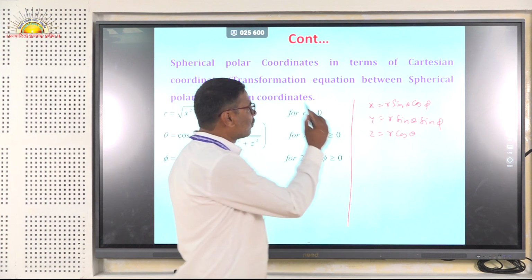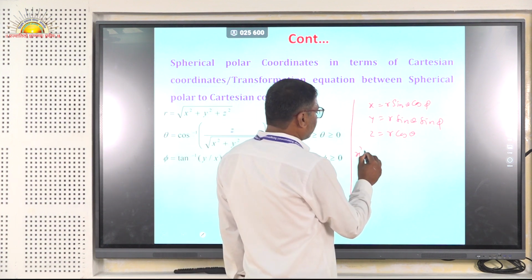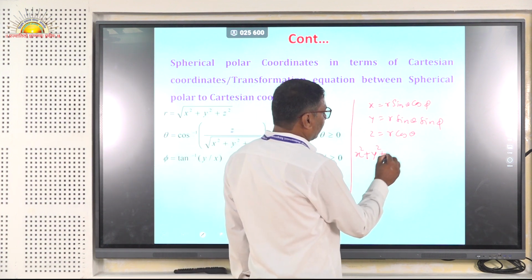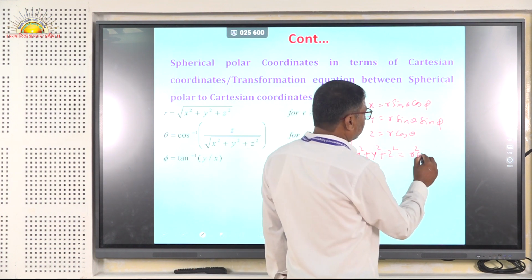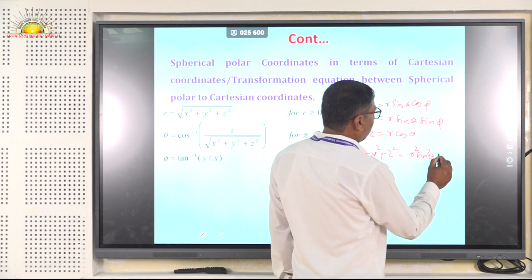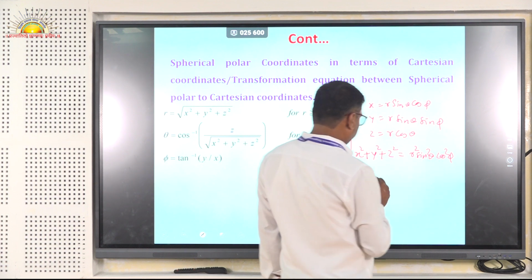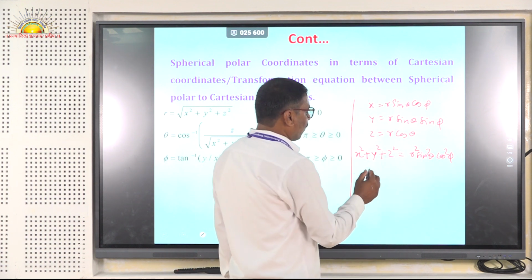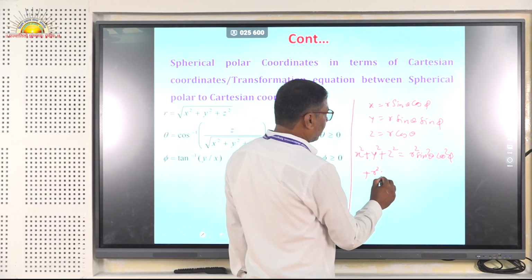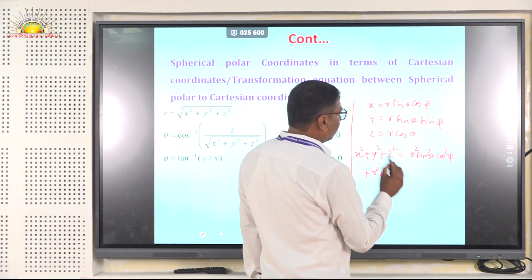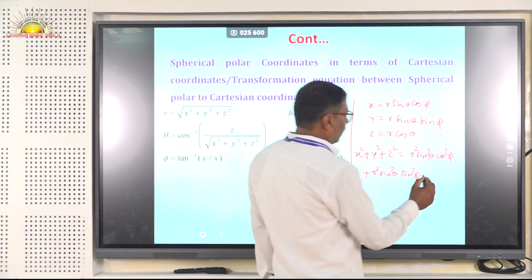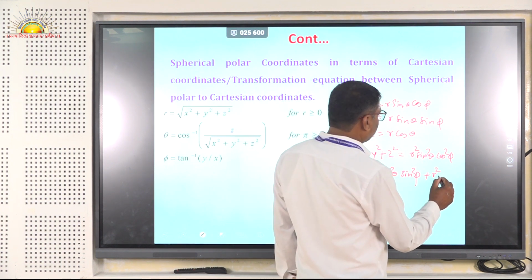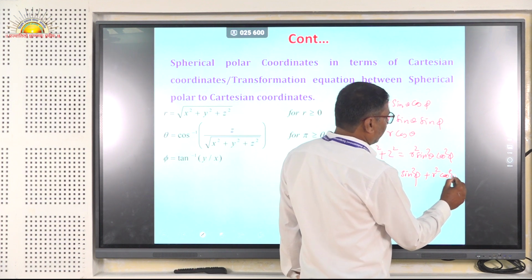Now if we take the square of this and add, x square plus y square plus z square is equal to R square sin square theta cos square phi plus R square sin square theta sin square phi plus R square cos square theta.